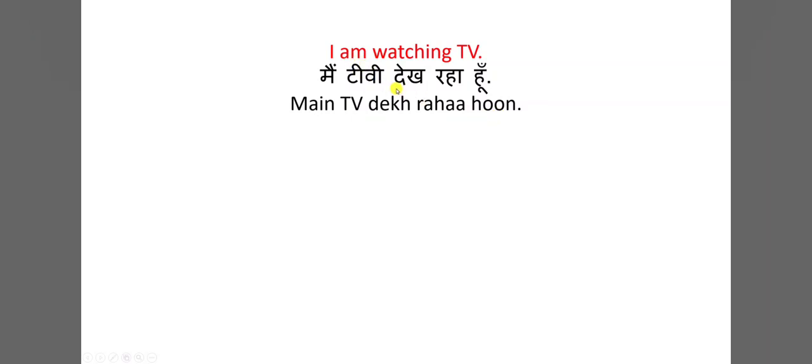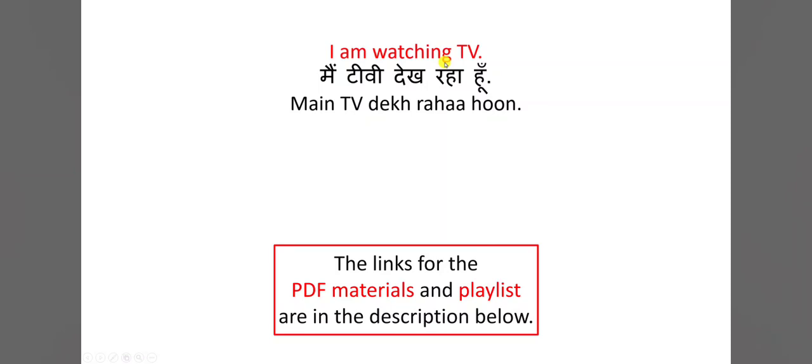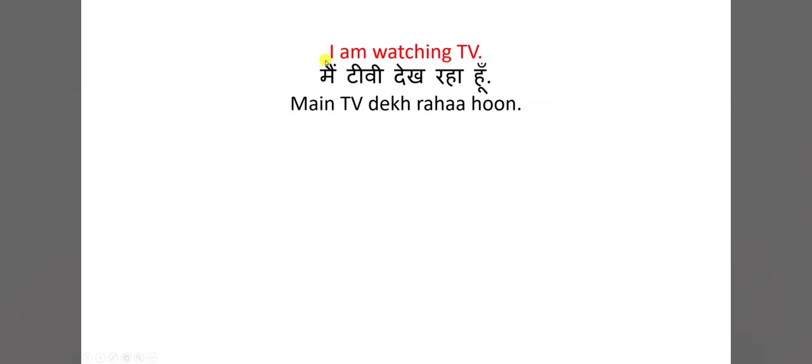Okay. देख is watch. रहा is ing. TV is TV. Assuming that a male says this sentence, we have selected raha for ing. If a female wants to say this, then she will have to say मैं टीवी देख रही हूँ. Okay.